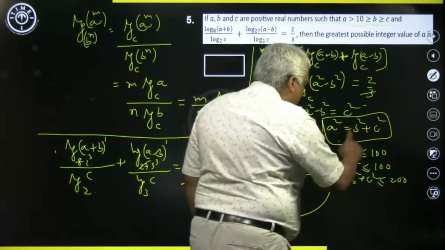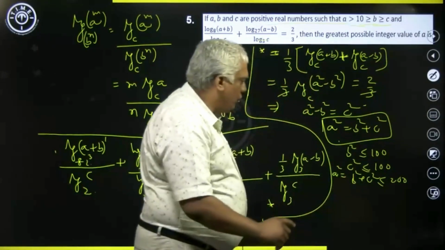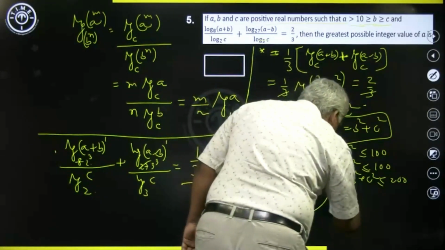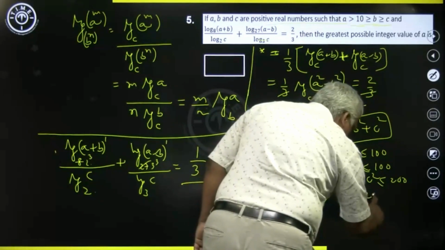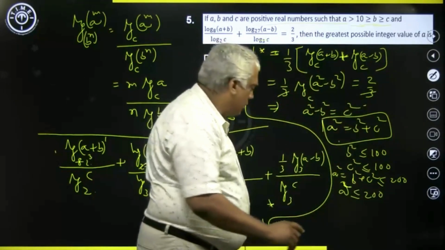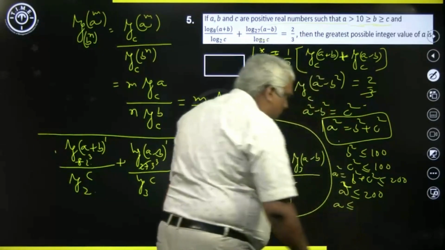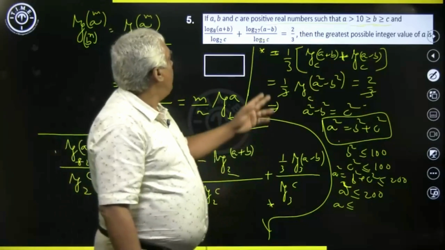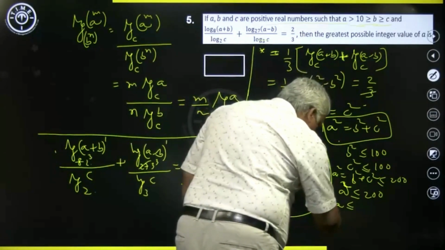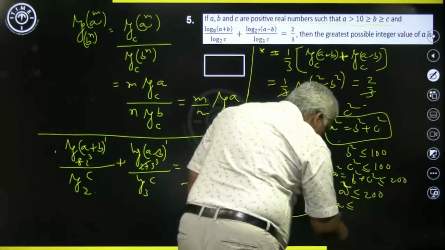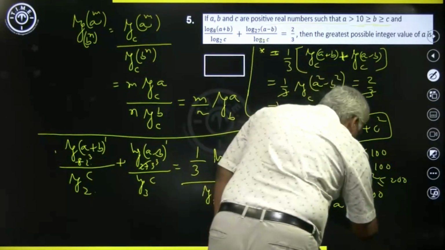That is equal to a square, so a square is less than or equal to 200. a is more than 10, which is given, so a is less than or equal to square root of 200, which is 10 root 2.